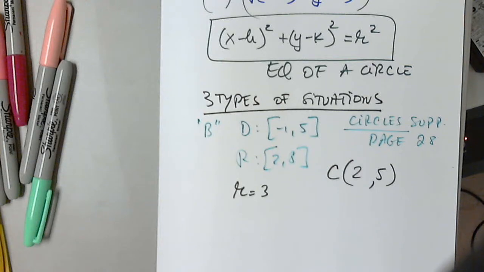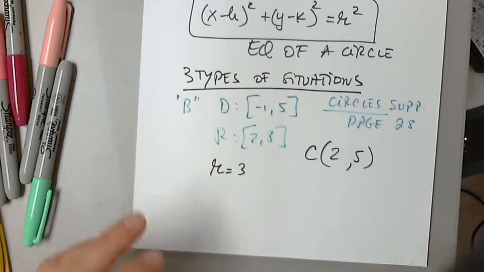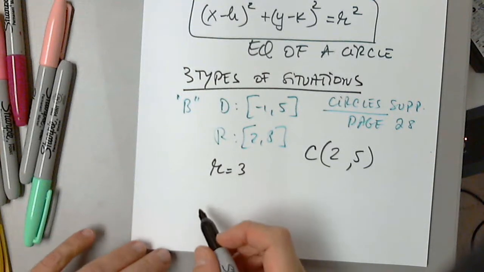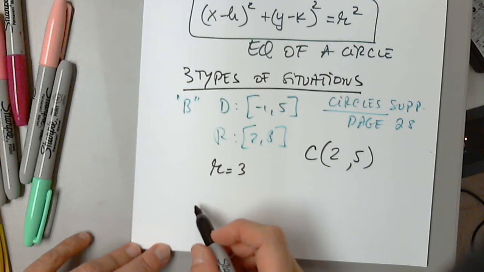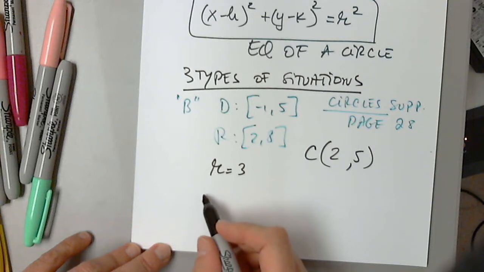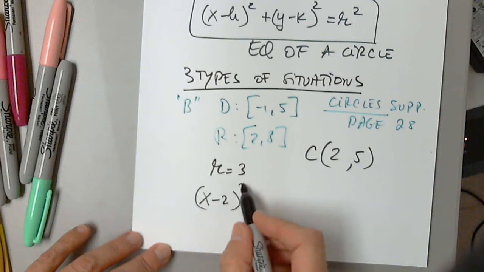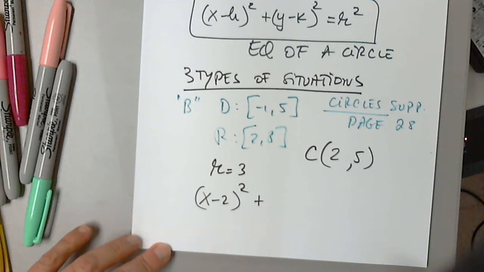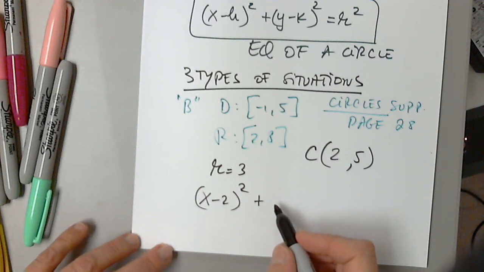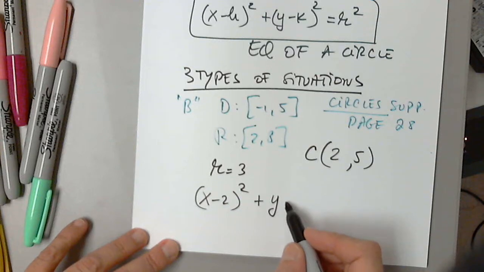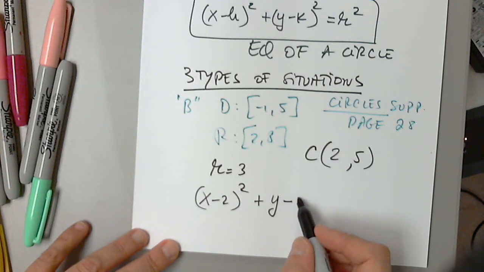So this is one type of problem in which we're given the center and the radius and we're asked to find the equation. Can anyone give us the equation of this circle? X minus 2 everything squared plus yes?